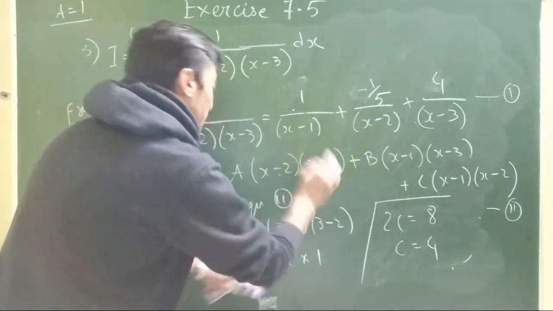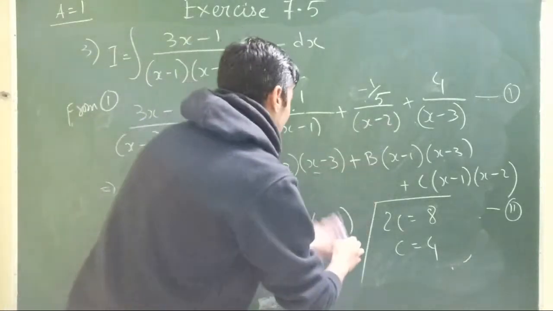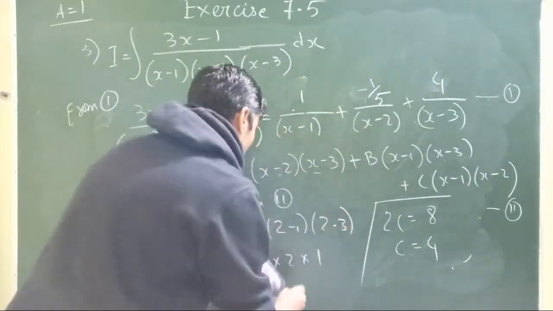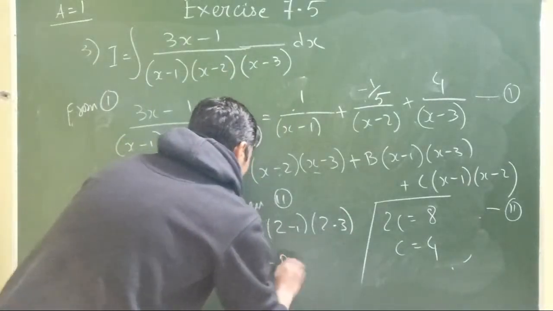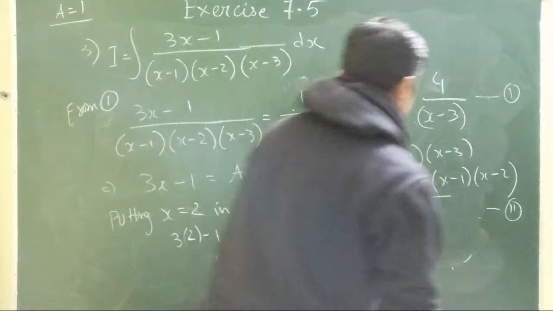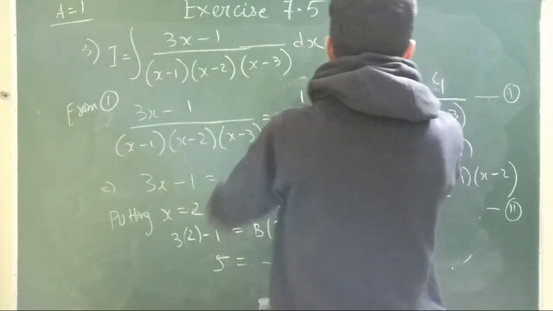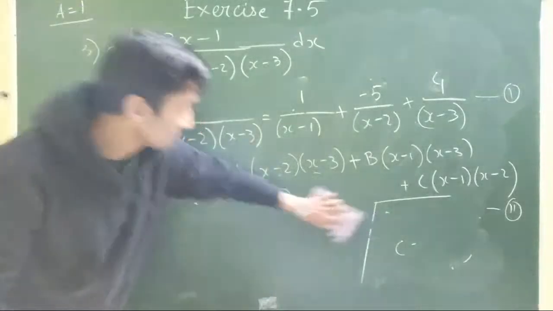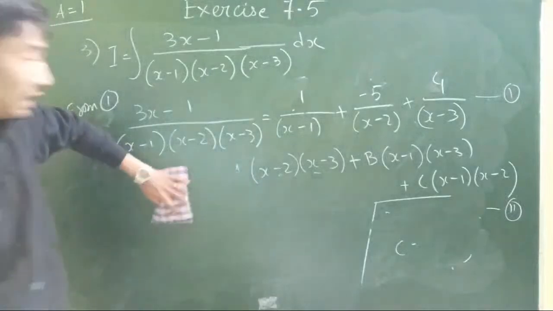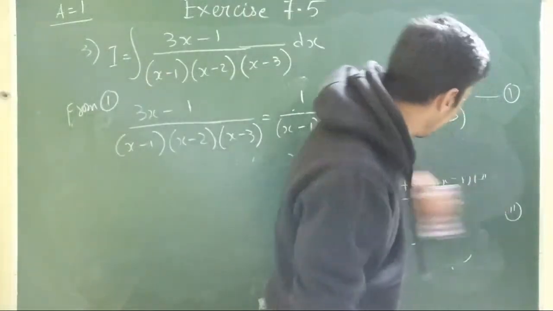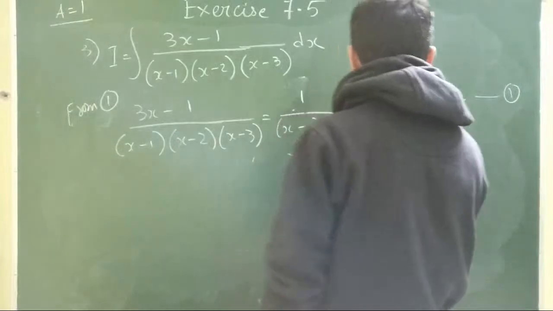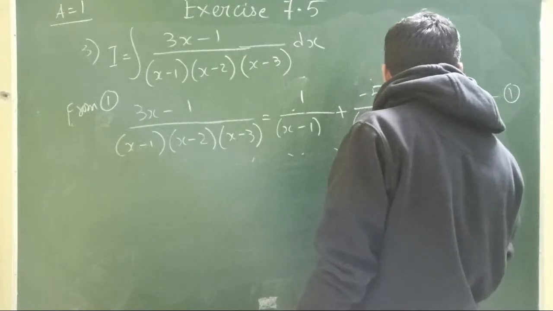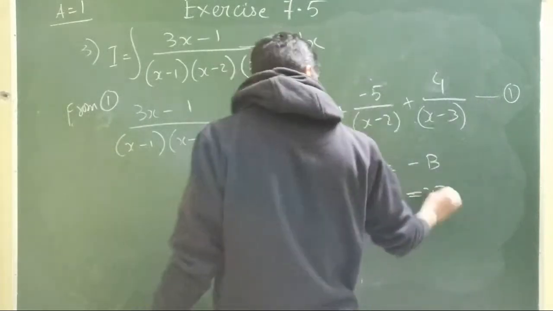So B would be 2 minus 1, I'm just checking once. It cannot be 1 by 5. I'm just having a doubt. 2 minus 3. So B was minus B. Yeah, so minus 5. So B was not 1 by 5, B was minus 5. We can just make that small correction there. B should be minus 5 because we had 5 equal to minus B. I don't know how I got minus 1 by 5. B should be minus 5.